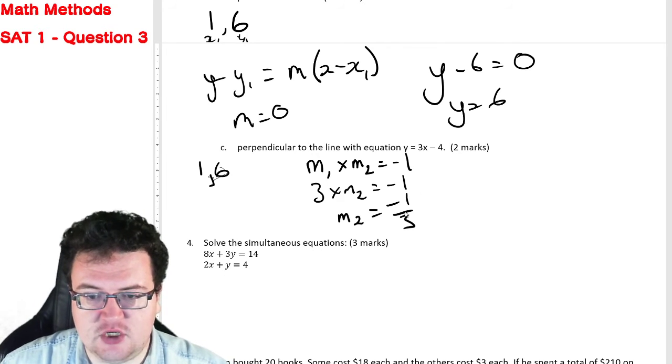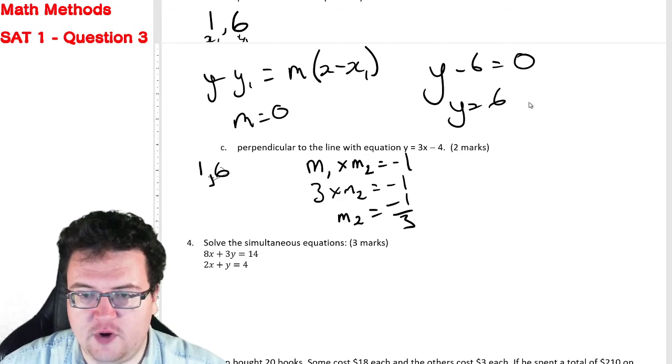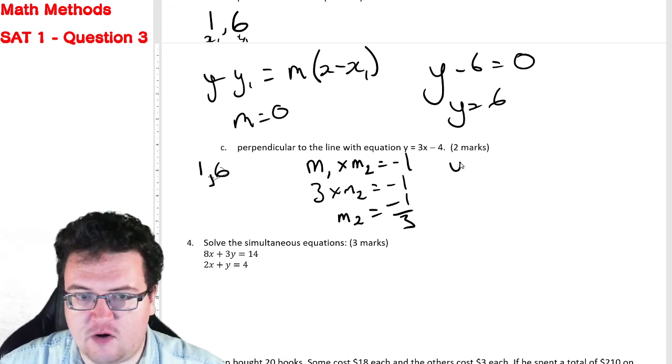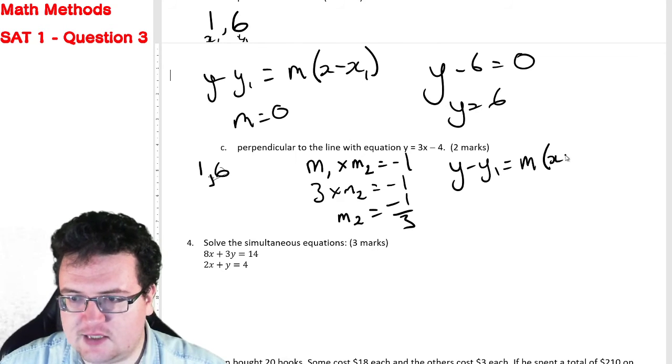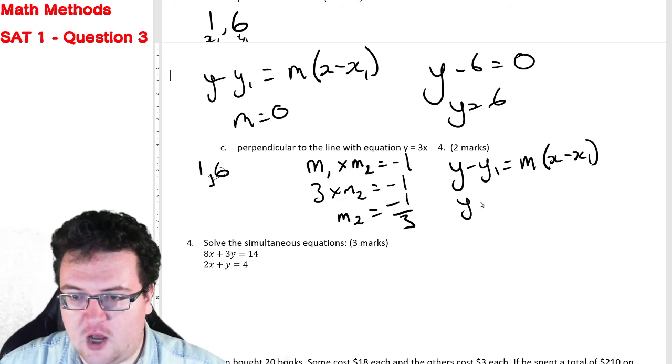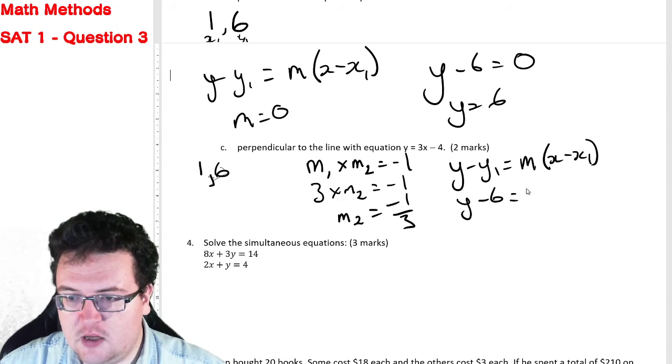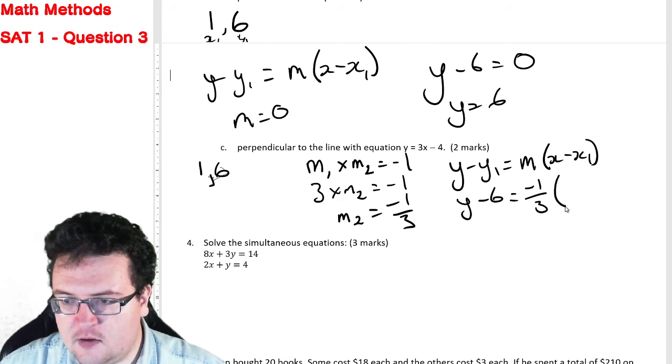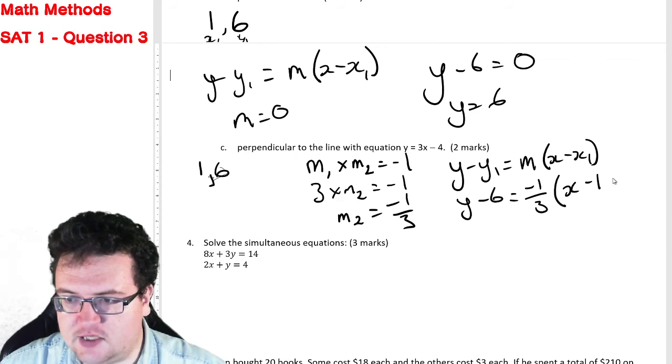So still using this information, still using our point, again, we can set up our equation y minus y1 equals m, x minus x1. Again, we have y minus 6 equals -1 on 3, x minus 1.